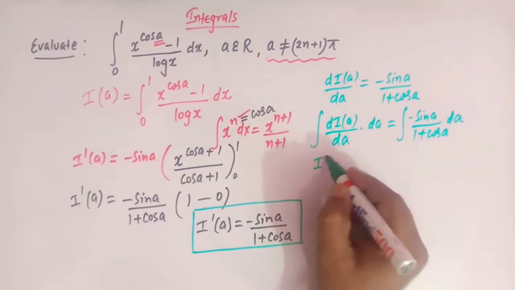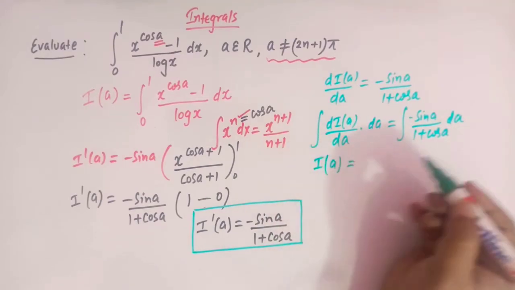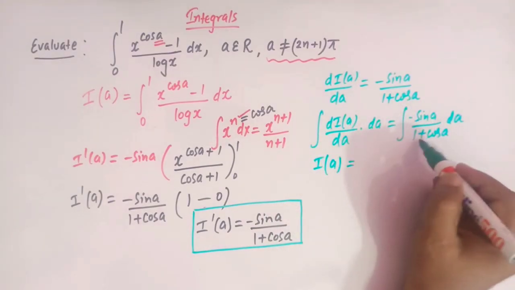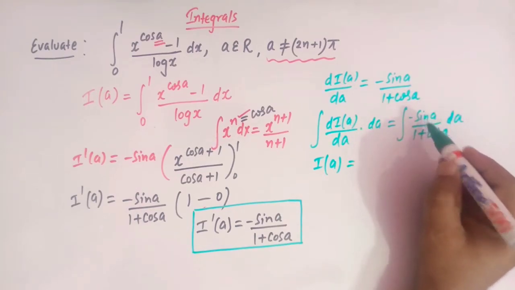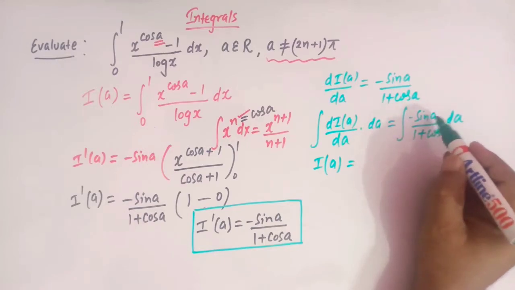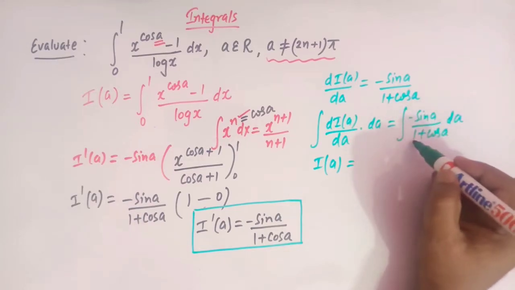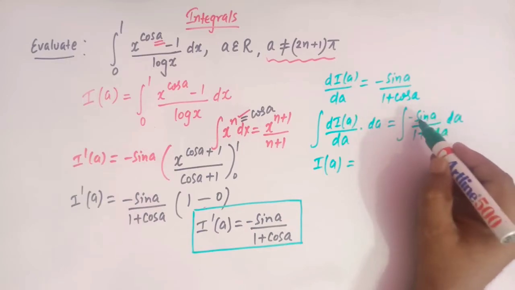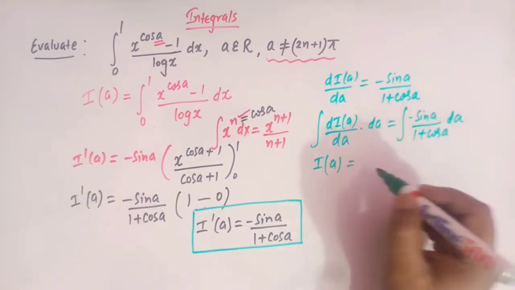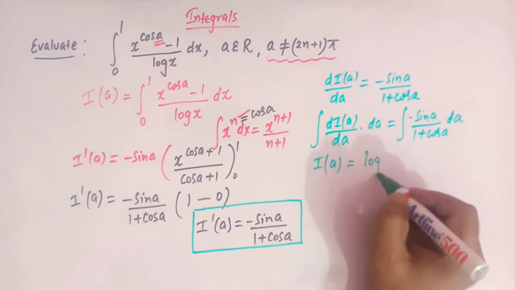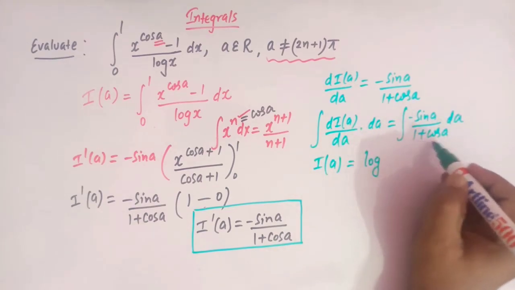So here we have I of a, and now we see that this integral is a very simple one, because the derivative of the denominator exists in the numerator, right? Because the derivative of 1 plus cos a is negative of sin a. So such integrals can be written directly as the logarithm of the denominator, right?